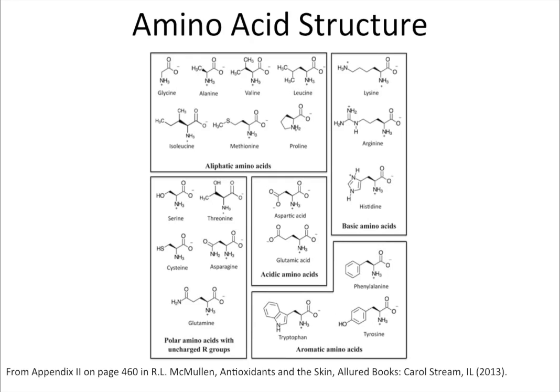So if you have an L versus a D isomer, one or the other might not be able to carry out its function because it's not the proper conformation or the proper stereoisomer that has to function properly in nature.